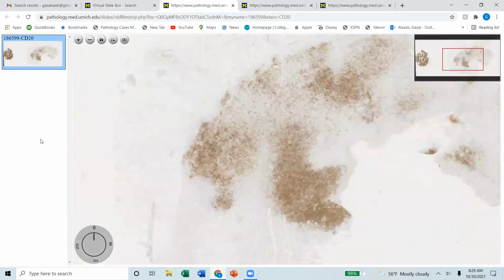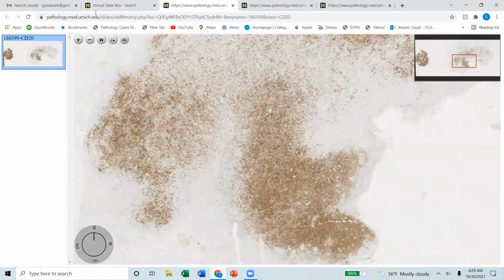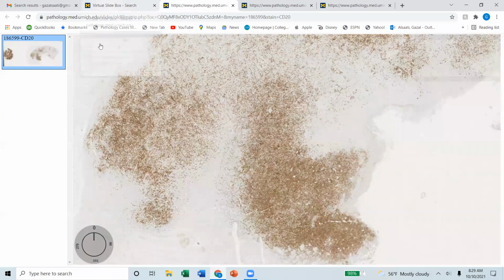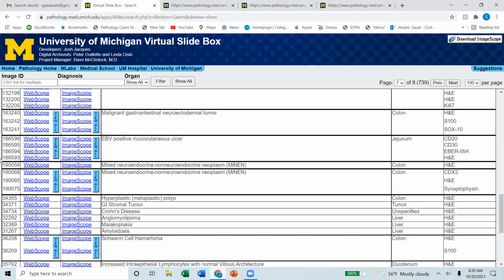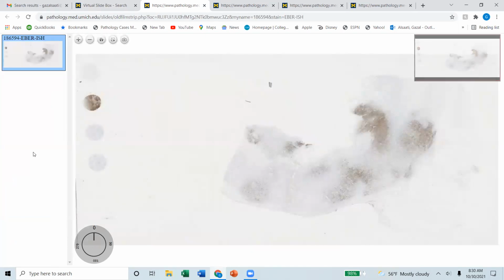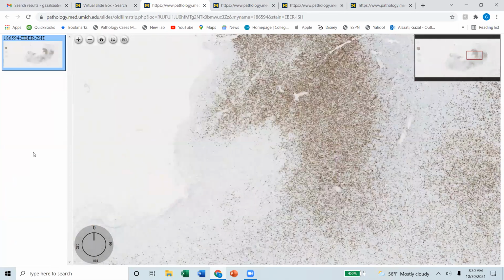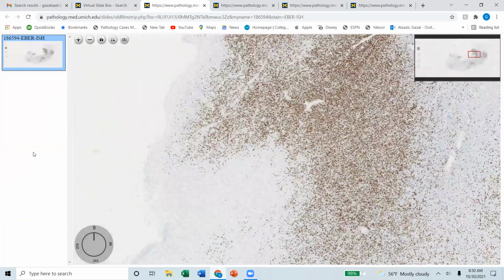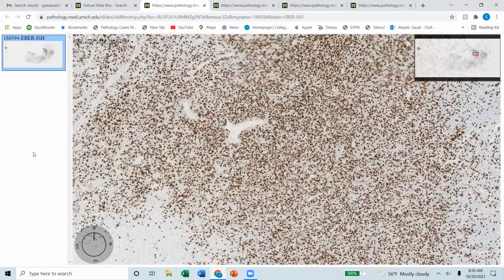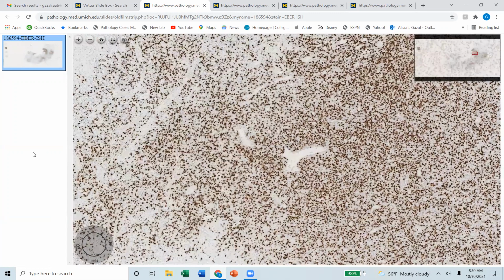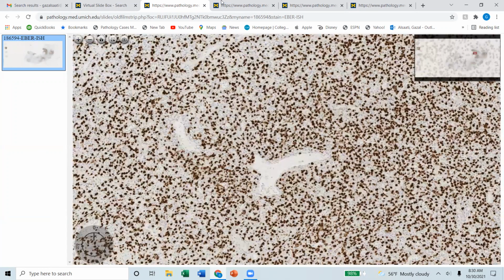For the majority, they are CD20. Okay, and then we'll do the EBER-ISH. I think I misspoke. It might be a B cell. It's very uncommon. I have seen a case from MSK, just one case. Oh, that's a nice EBER. It's very EBER positive. That's what it is, very EBV driven.